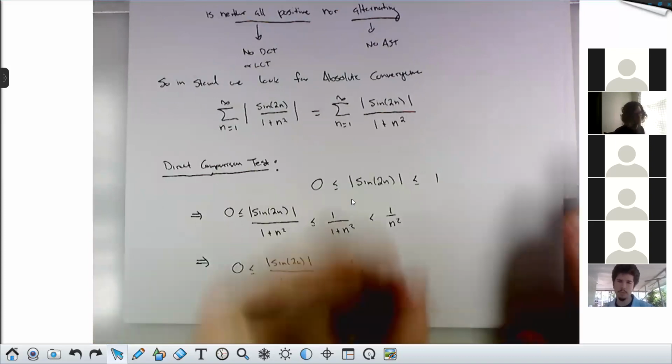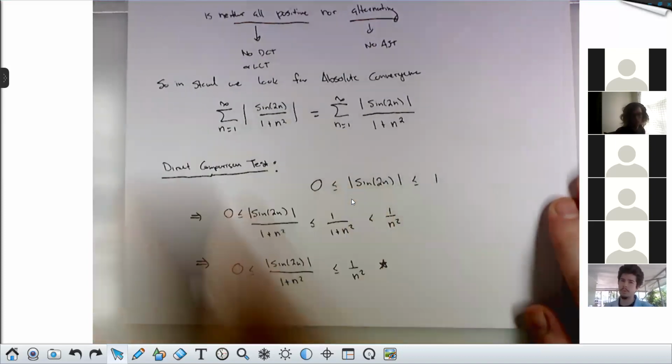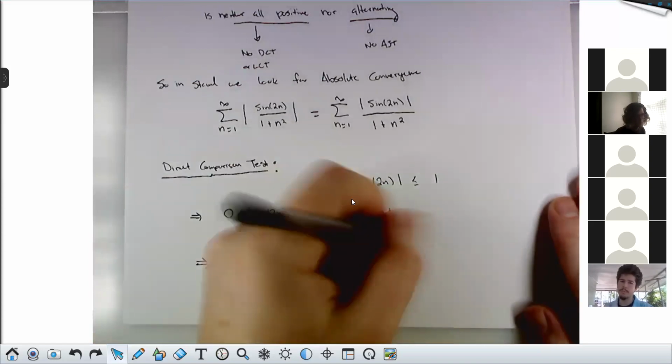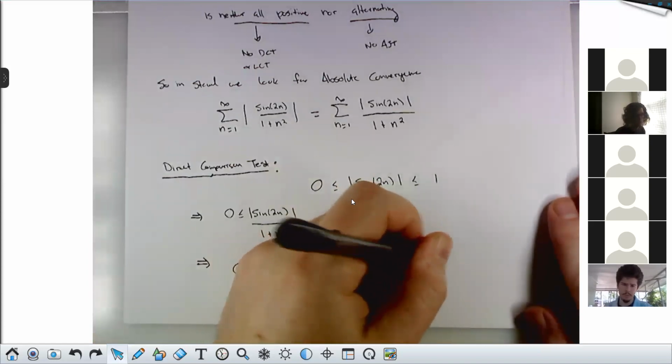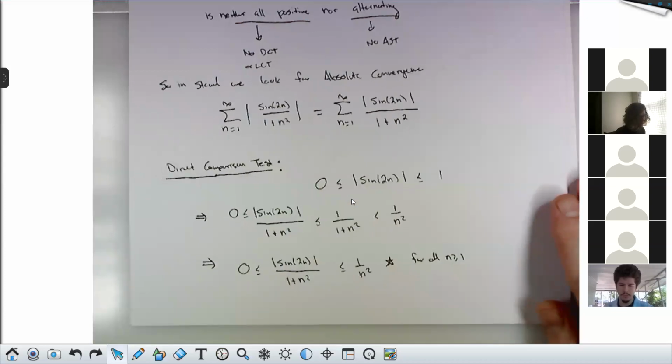And this is a useful inequality. This is certainly true for all n greater than or equal to 1.